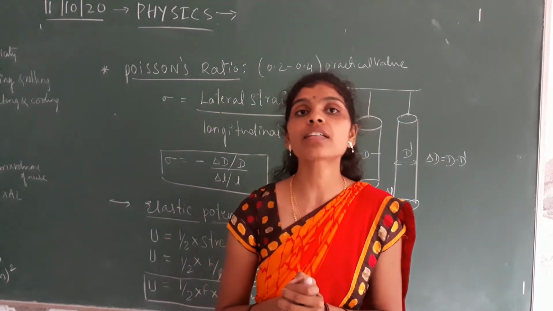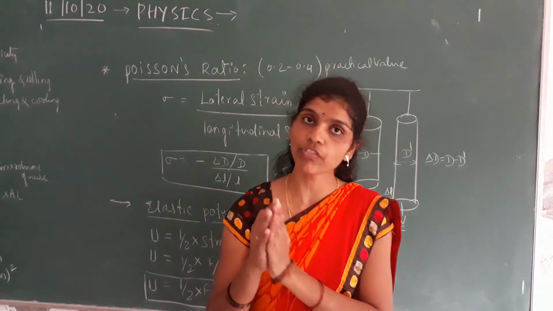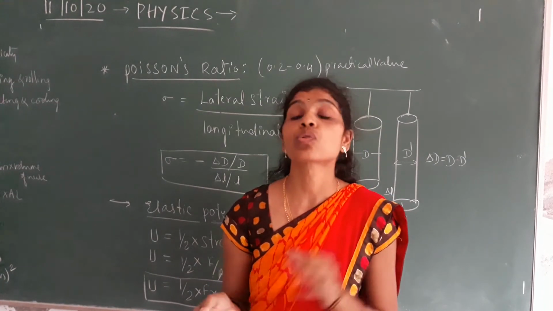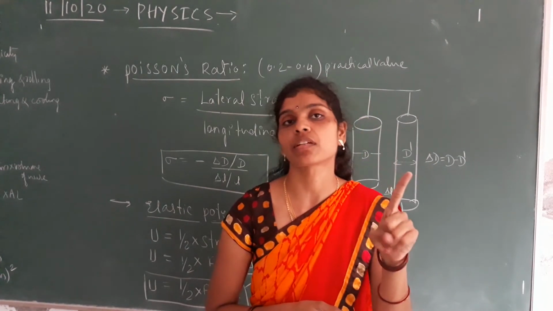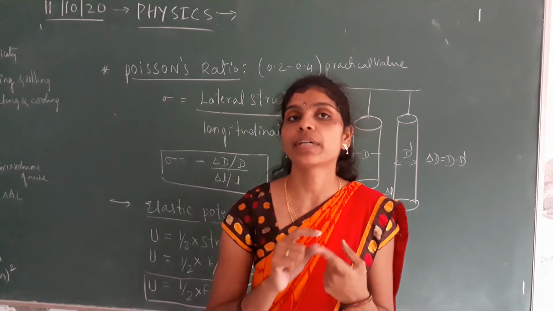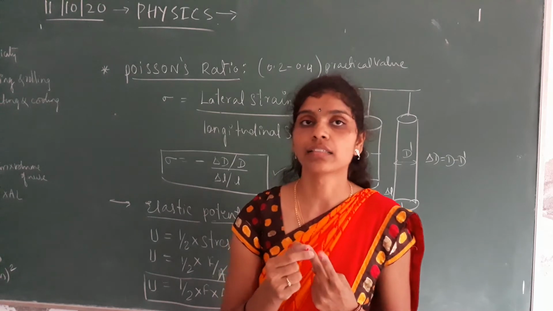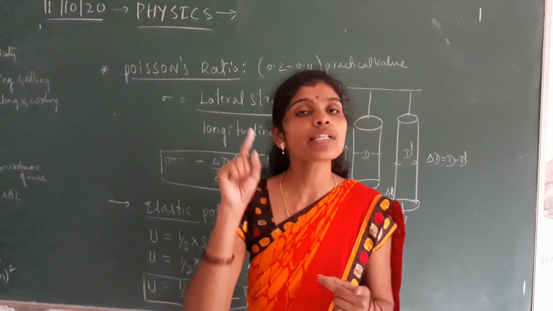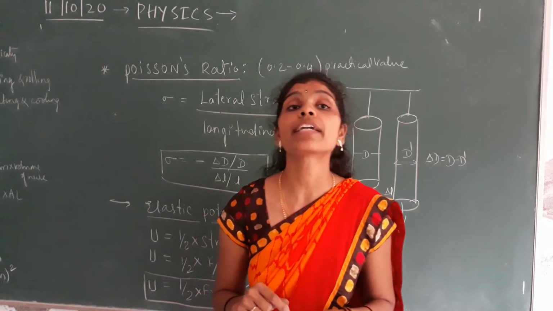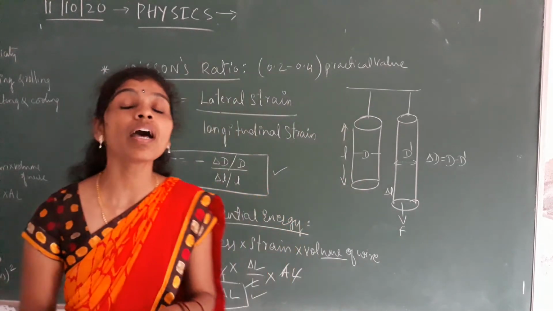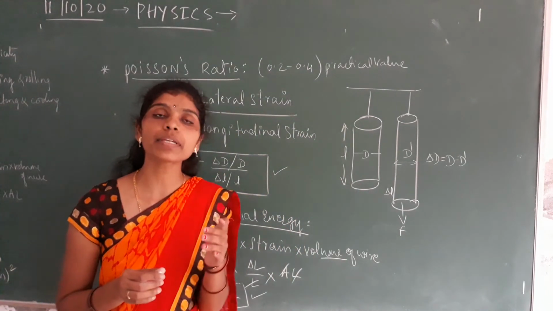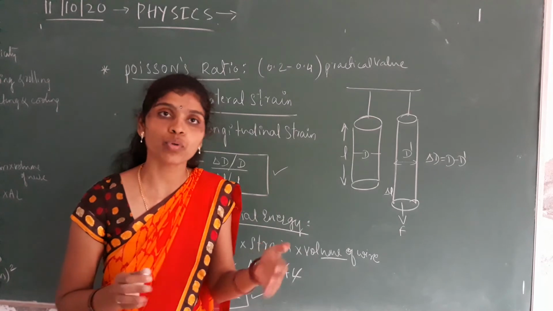One of the factors that affect the property of elasticity is temperature. Then annealing, which is another factor that affects the property of elasticity, because annealing means a heating and cooling process.